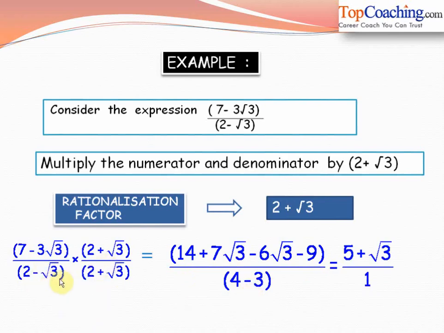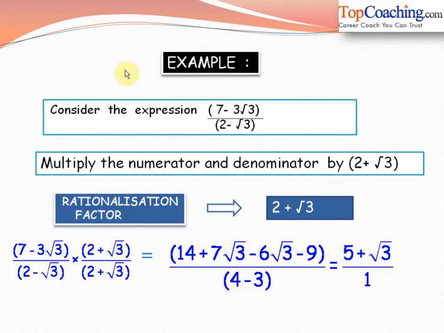Here we simply use the formula a square minus b square equal to (a minus b) into (a plus b). Therefore the denominator is 4 minus 3, which is equal to 1, and in the numerator we get 5 plus root 3, divided by 1.